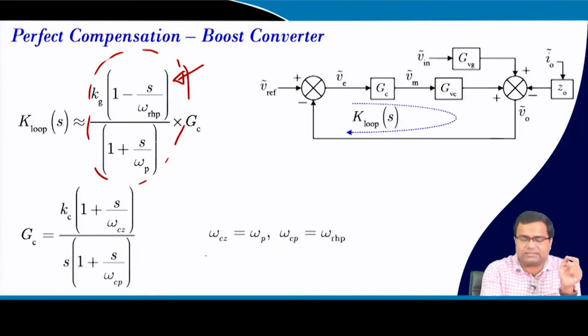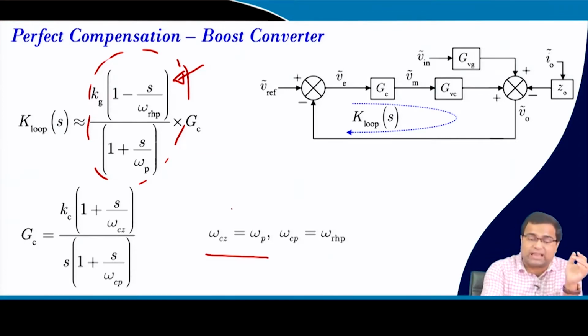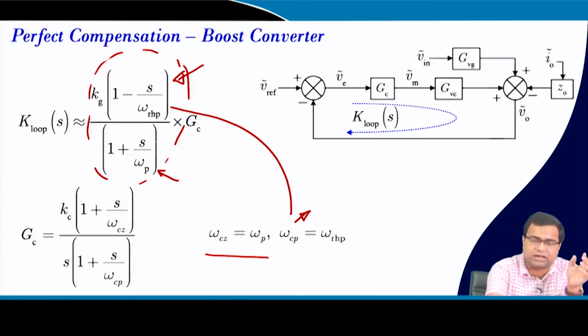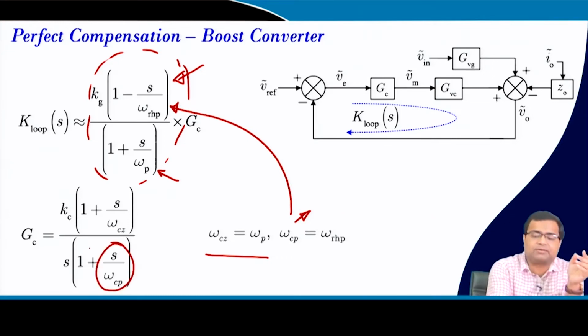In the type 2 compensator, we need to place the controller zero to cancel the plant pole, and we need to place the controller pole in coincidence with the RHP zero, but it is a stable pole, remember.